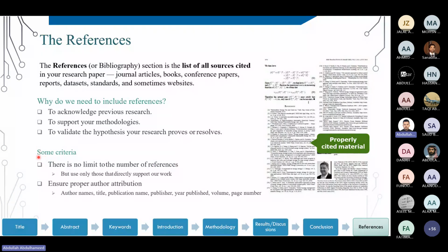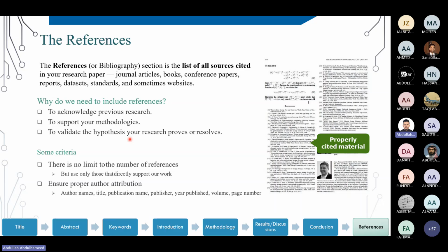So maybe here I will talk about the criteria of references. There is no limit. You can use whatever number of references that you want, but I will say that for a conference paper, maybe around 15 to 20, or maybe even less than that. If you are doing a research article, the references can be from 20 to maybe 35 to 40. This is the acceptable number of references.